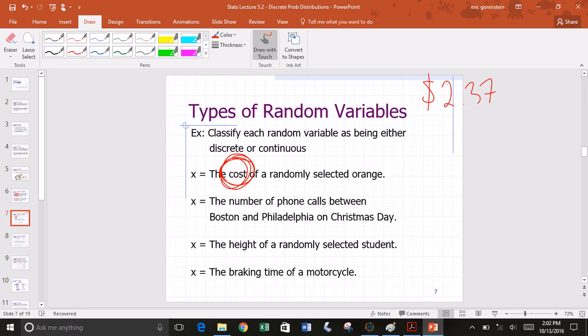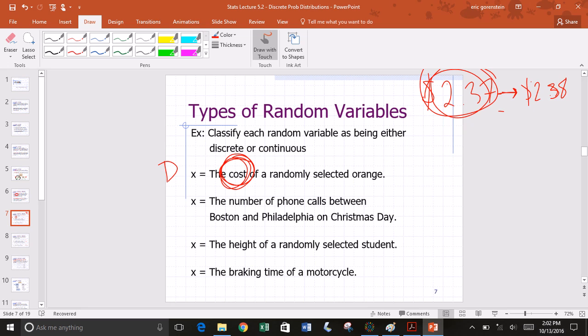It makes sense to ask the question, what is the next possible cost after 237? We're working in increments of 1 penny, so the next possible cost after 237 would be 238. So this is a discrete random variable because given any one value or one outcome, there's a well-defined next possible value.